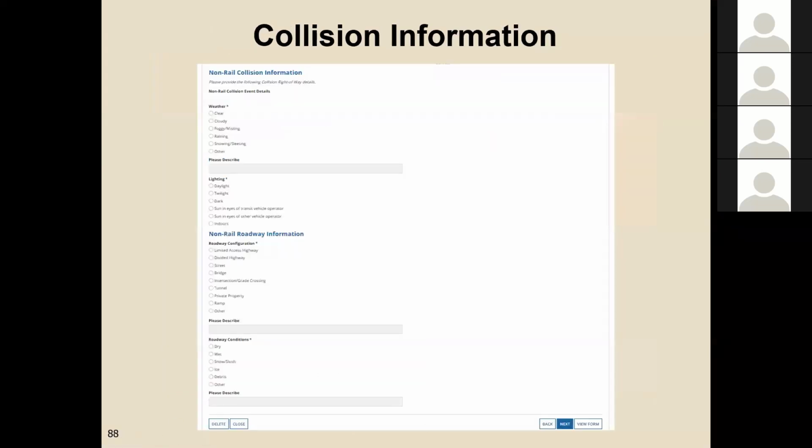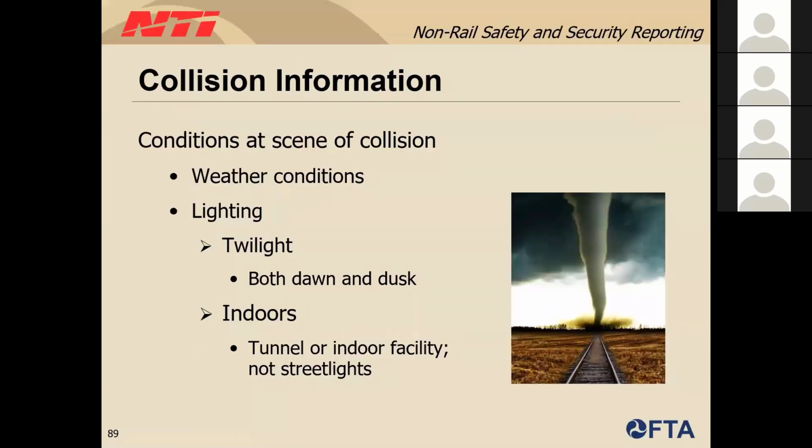After the collision event information screen, the next screen to appear is the collision information screen. This is a snapshot of the first part of the collision information screen. The collision information screen captures information about the conditions at the scene, such as the weather and lighting conditions at the time of the collision.